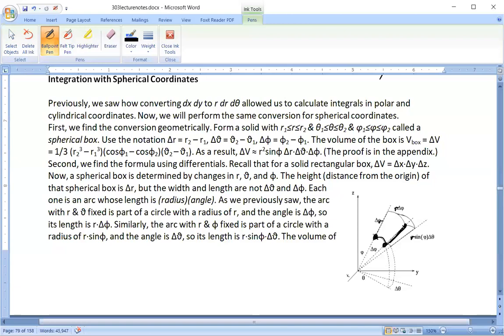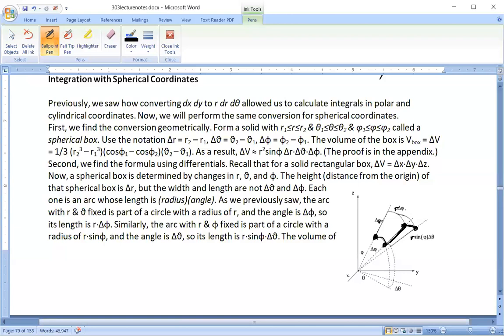Next, we've got the other arc that's got r and phi fixed. So r and phi fixed means that the side is determined by delta theta. That is starting here, going here, that side right there. That's determined by the delta theta.